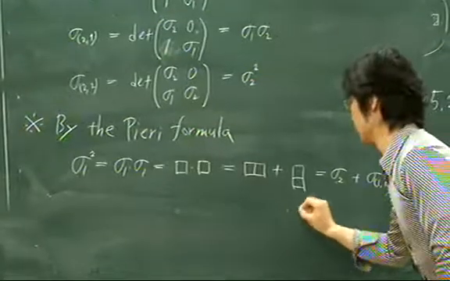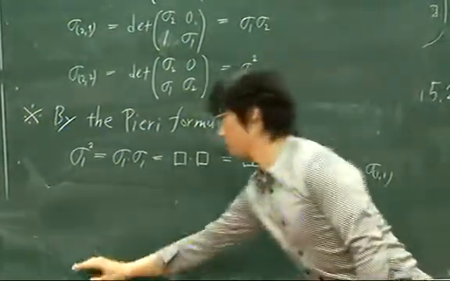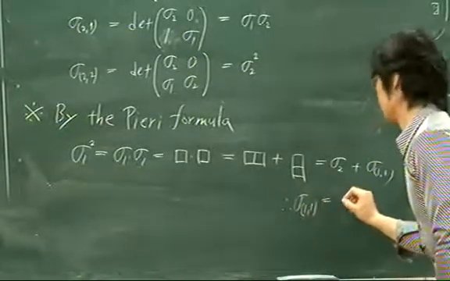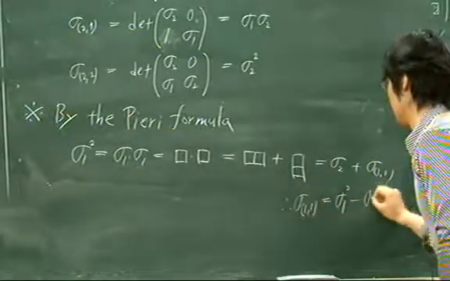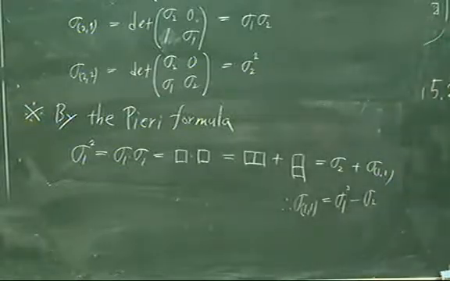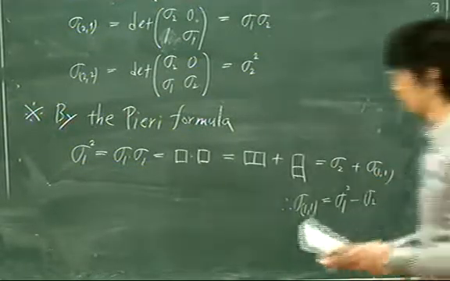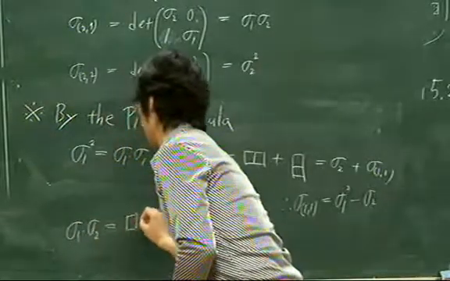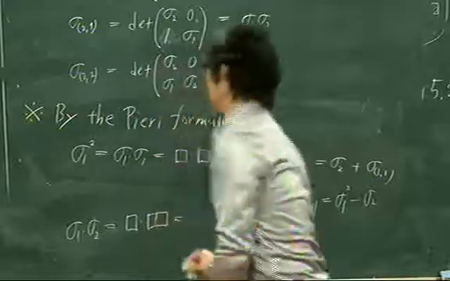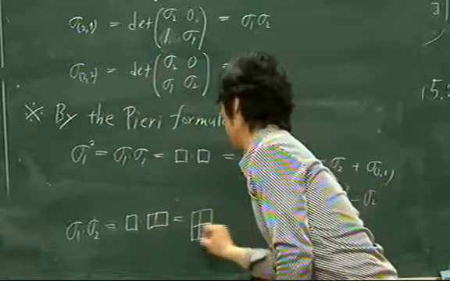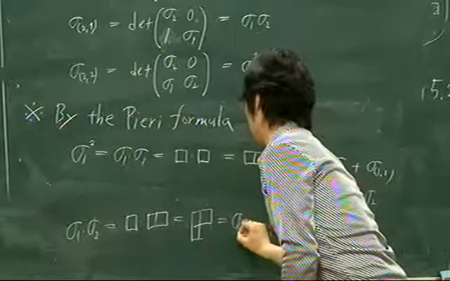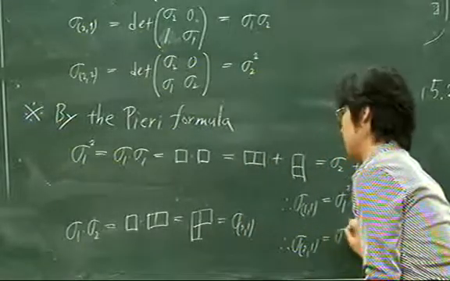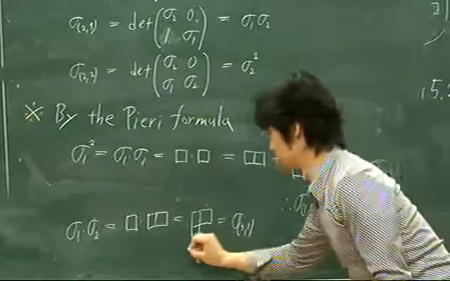Therefore, sigma 1,1 is sigma 1 square minus sigma 2. And also, sigma 1 times sigma 2 gives sigma 2,1 and so on.